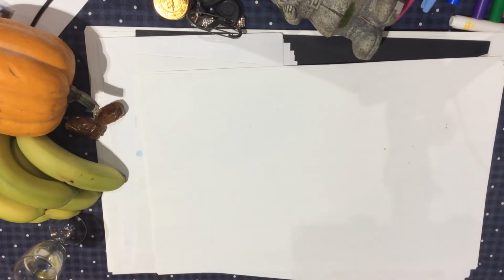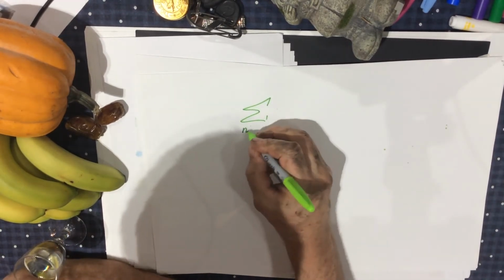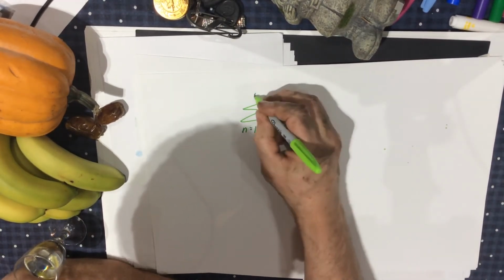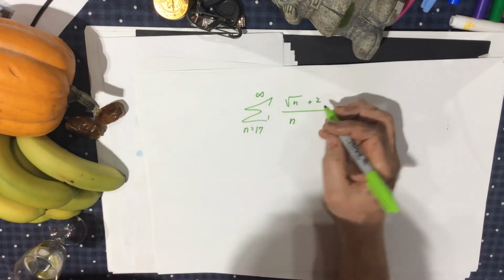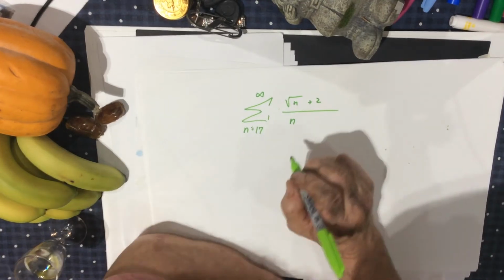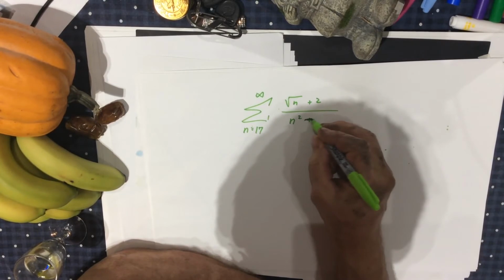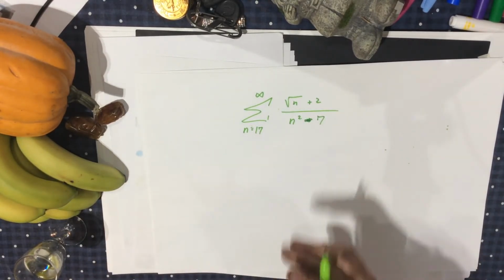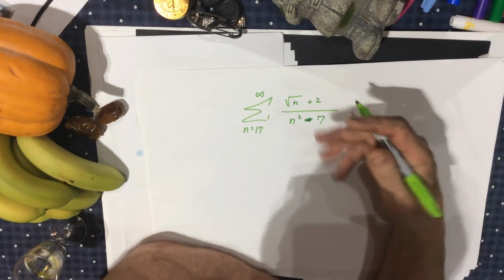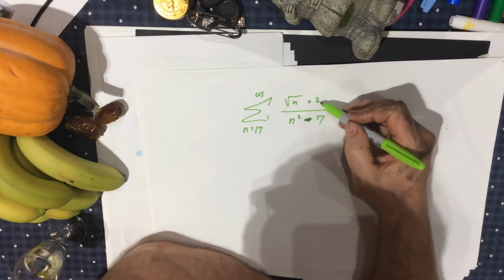Now, we often talk about what a series looks like. So, what does this series look like? Well, for large values of n, you put in 100, this is 10, plus 2 is 12.